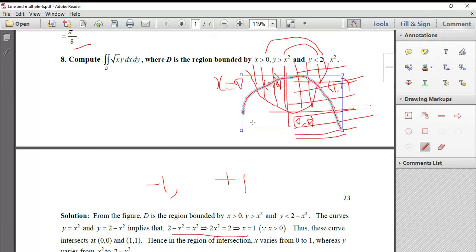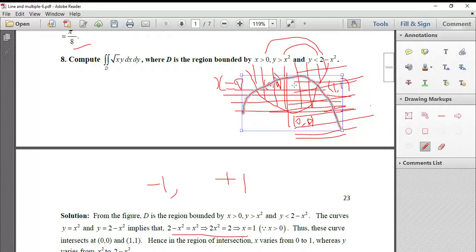So let us draw the lines below this. Now see where all of them are intersecting. See, in this region. Here in this region, x is greater than 0, y is greater than x square, and y is less than 2 minus x square.